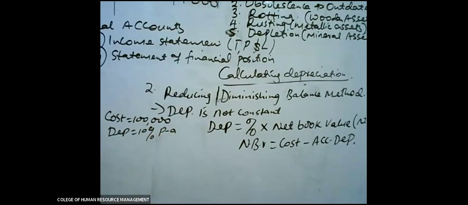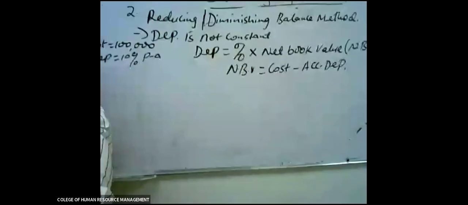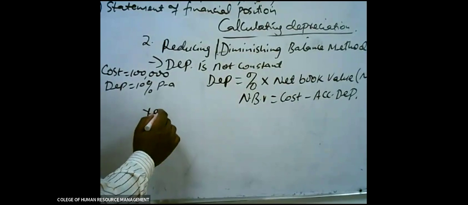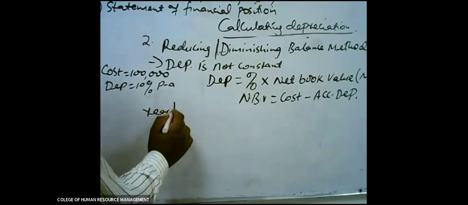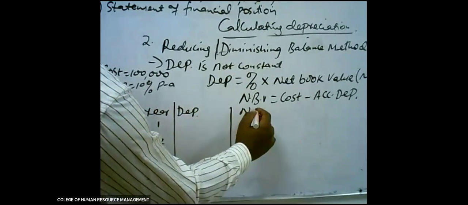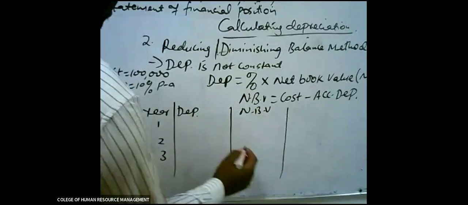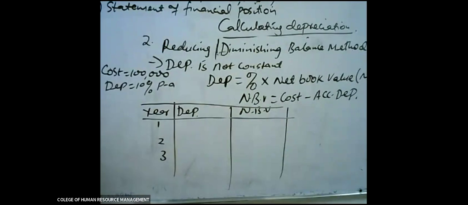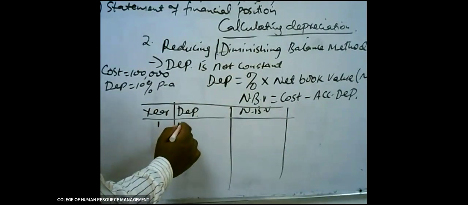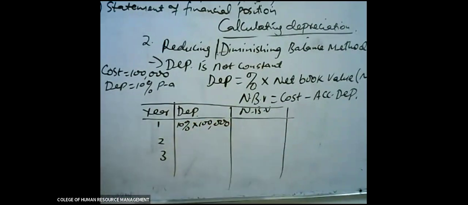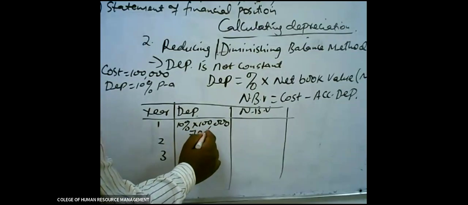If we were to use the reducing balance method for the past 3 years, we can have a table: year 1, 2, 3, then the depreciation amount, then we determine the net book value after every year. So year 1, the depreciation will be 10% times 100,000 because the asset is new. It has never depreciated before. You'll get that it is going to be 10,000.